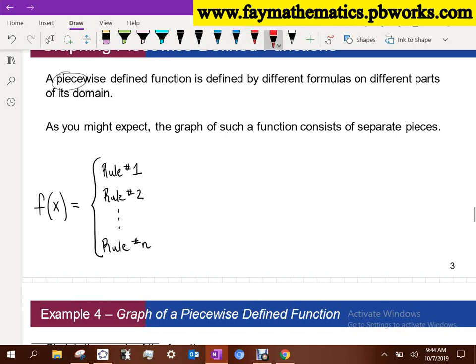And for each one of these, you will have a domain determined. I'll just say domain for rule 1. This will have a domain for rule 2. You'll have a domain for all your rules.